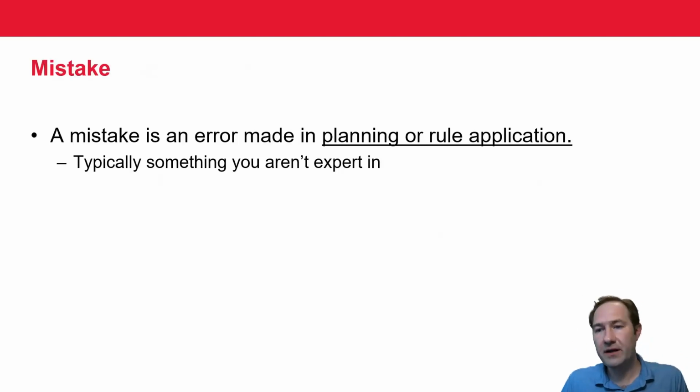So for a basketball player, a slam dunk is probably more on the skill side, so it would be a slip. But if you've never played basketball before, and I just explained how to do this, you might do it out of order. You might jump off the wrong foot. You might, I don't know, drop the ball when you weren't supposed to. These are all planning or rule application mistakes, and they're often done by people who aren't expert in it, for novices.